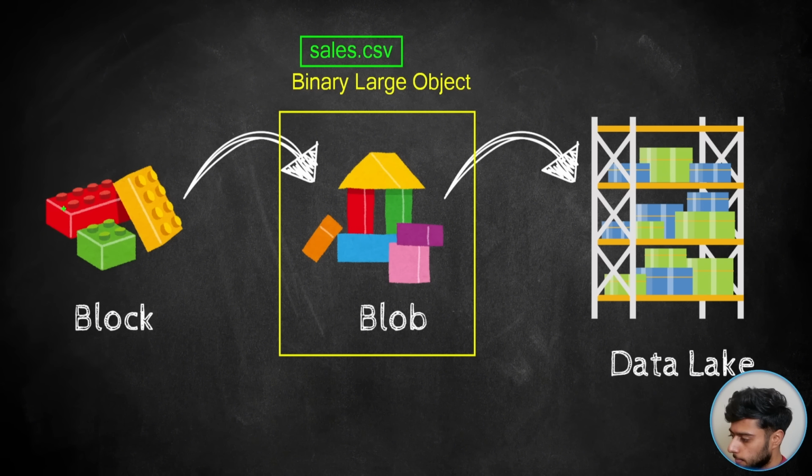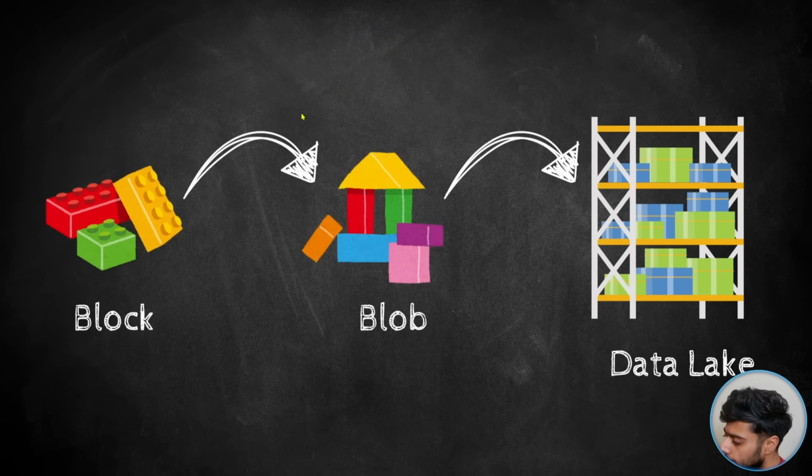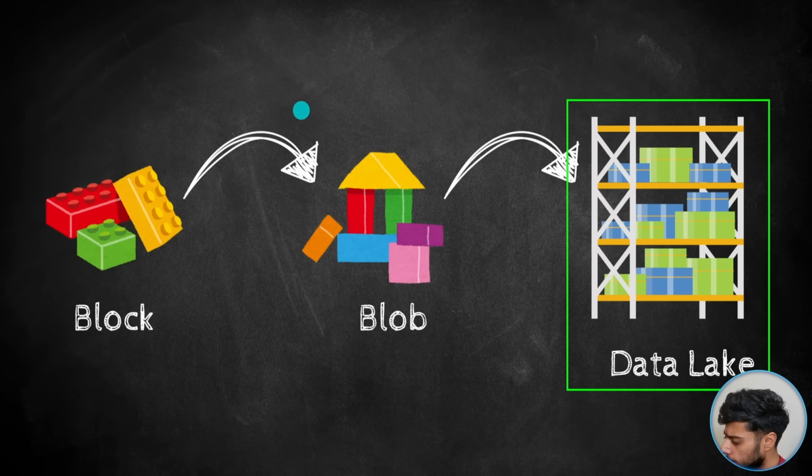Okay, sorted. But now what is this data lake? Data lake is, you can say, blob storage with some additional capabilities. Let's say you uploaded one file in the blob storage. Perfect. You uploaded another file. Perfect. You uploaded a third file.